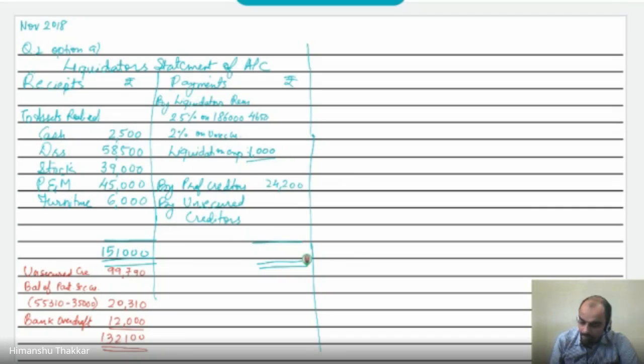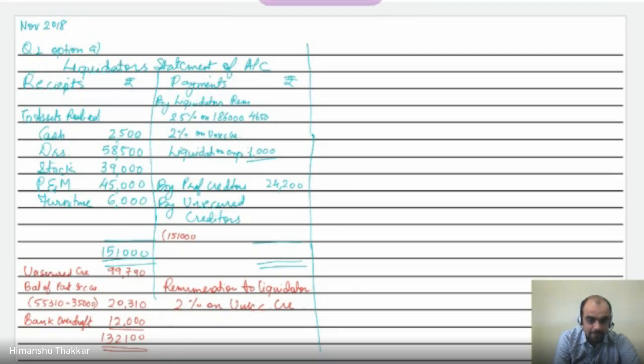Now, as suggested in the point, 2% on unsecured creditors, right? 2% on unsecured creditors. Jamboard is working a little slow because I have already written the point.